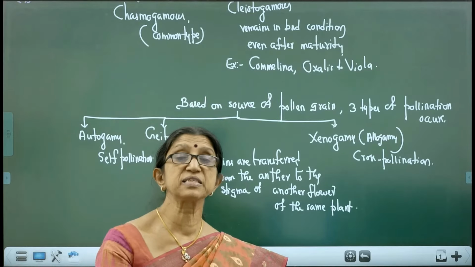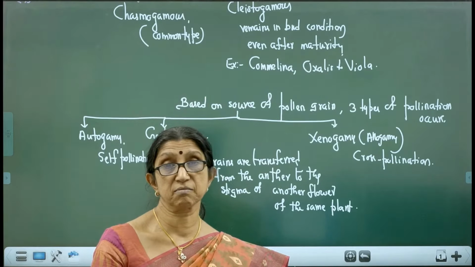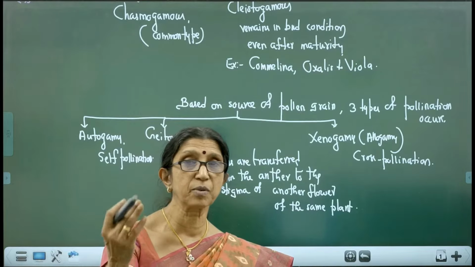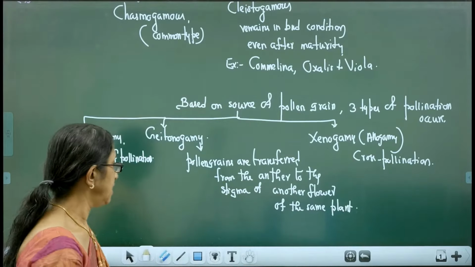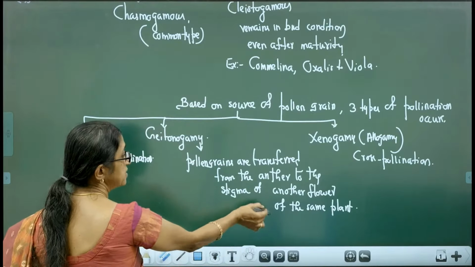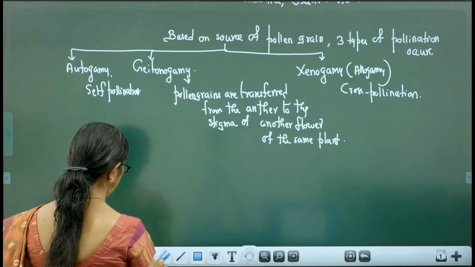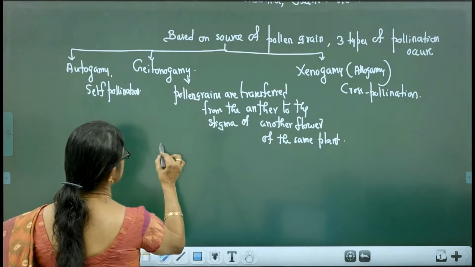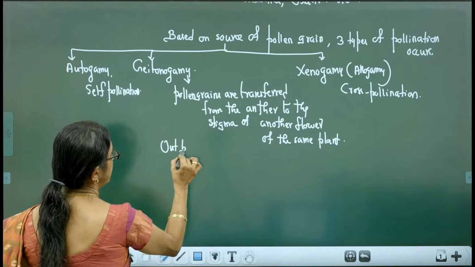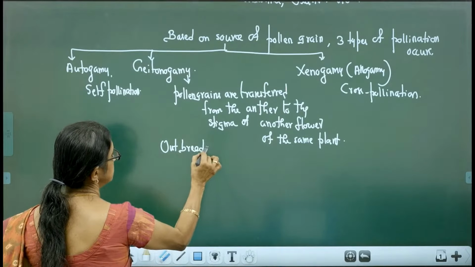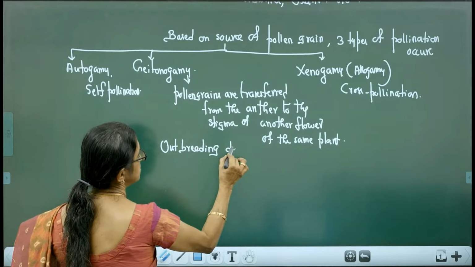Accordingly, we can see several adaptations in plants, for preventing selfing and promoting crossing, known as outbreeding devices.